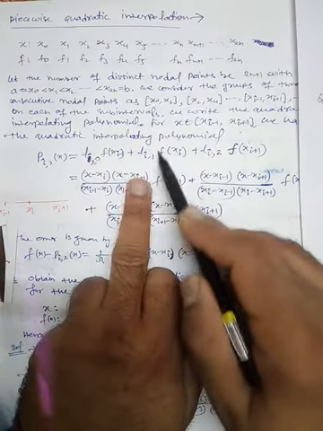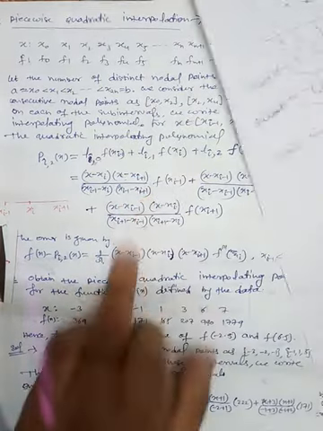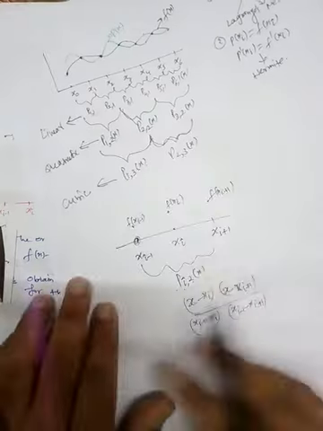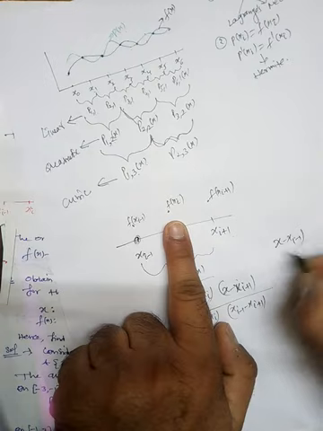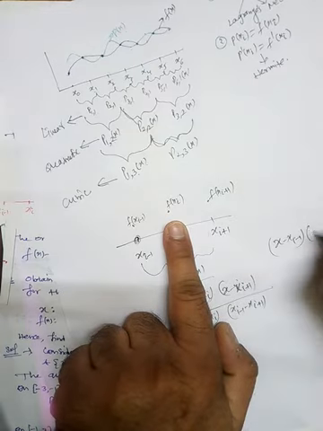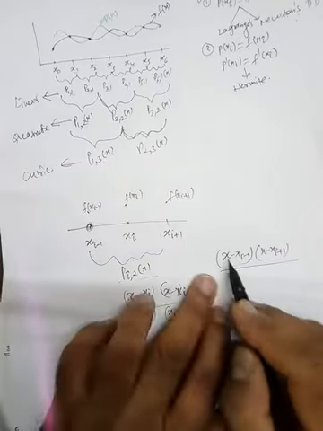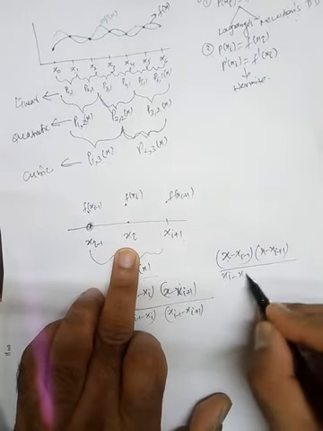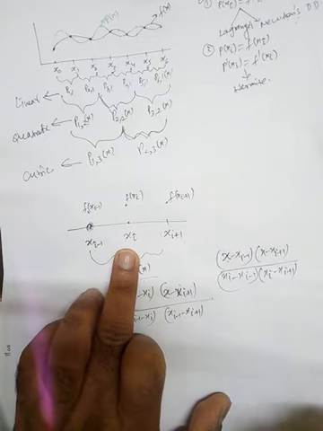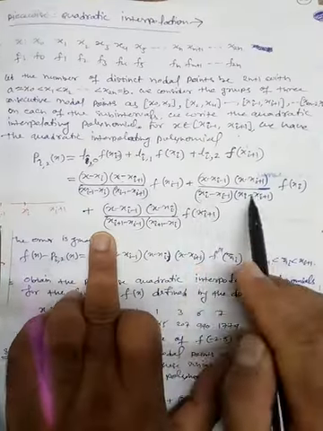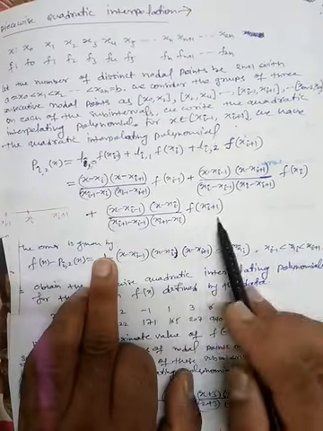Similarly, you can write the second fundamental polynomial for the point xi, so just do not consider this. So we have x minus x(i minus 1), this factor, and x minus x(i plus 1). Okay, and then just replace x by xi: xi minus x(i minus 1), then xi minus x(i plus 1). Okay, so this is written here and multiplied by the value of the function at point xi. Similarly, the third one, L2.